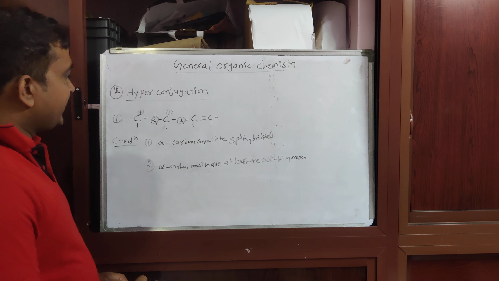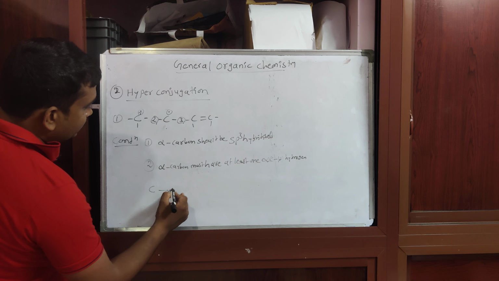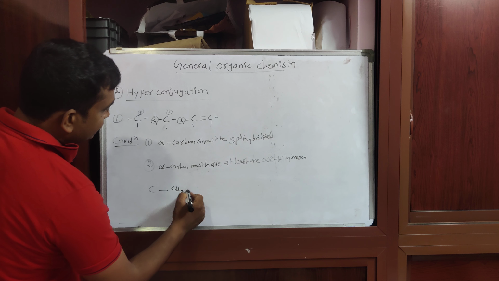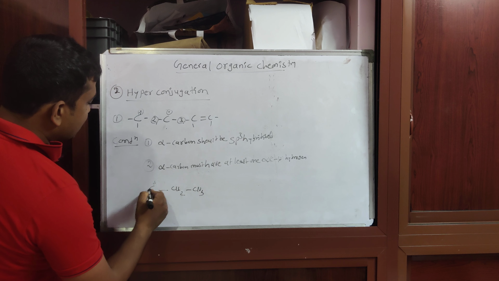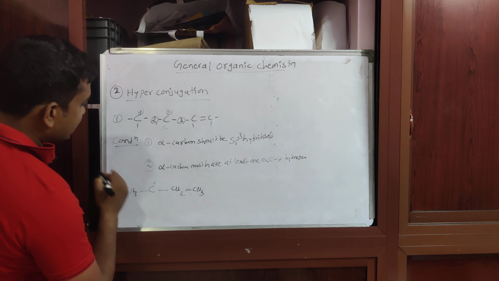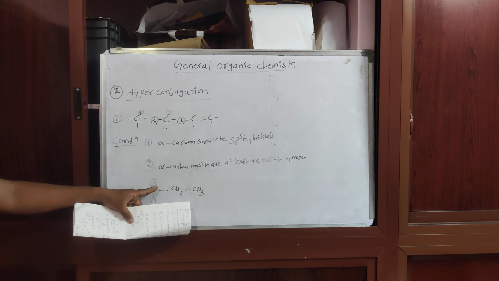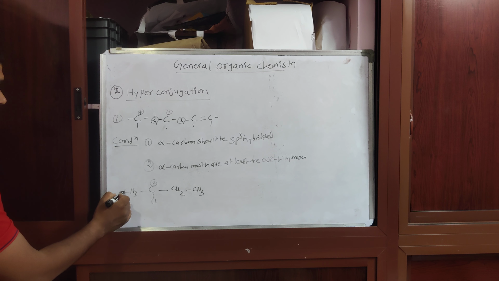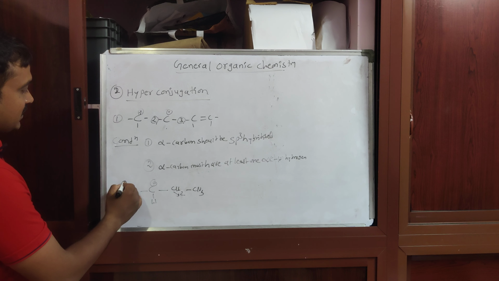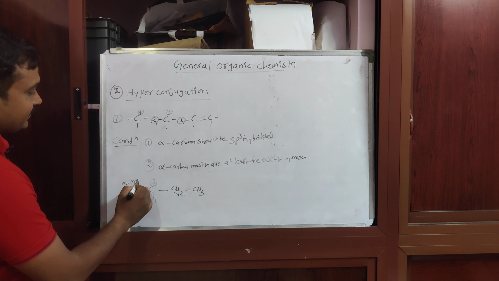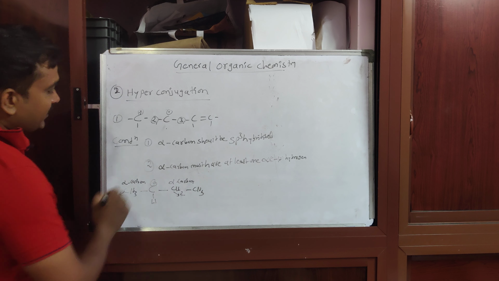For example, if you take a carbocation, CH2 plus, this is the carbocation. The carbons adjacent to this carbocation, this one and also this one, are called alpha carbons.